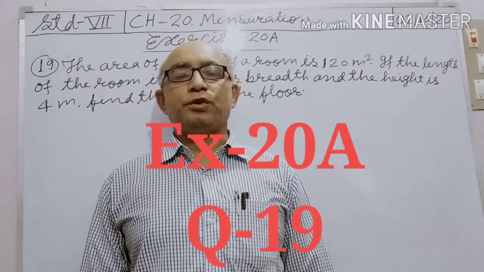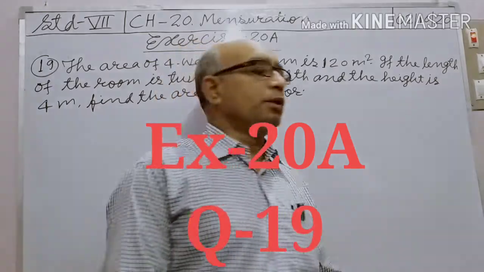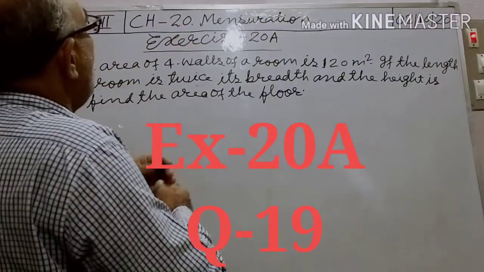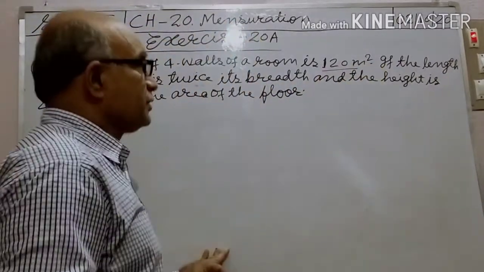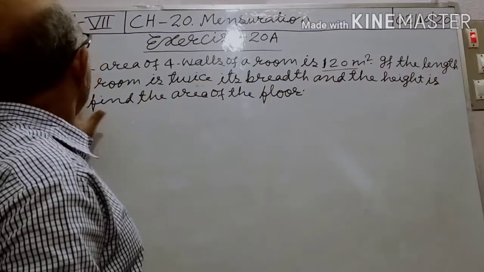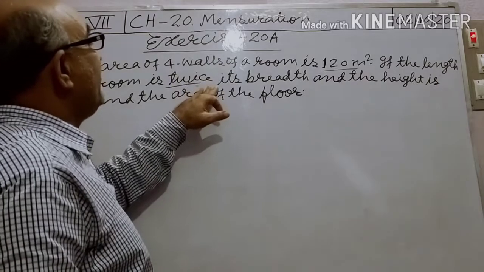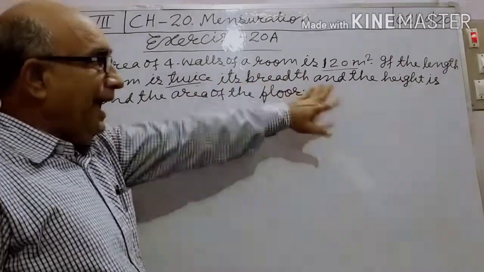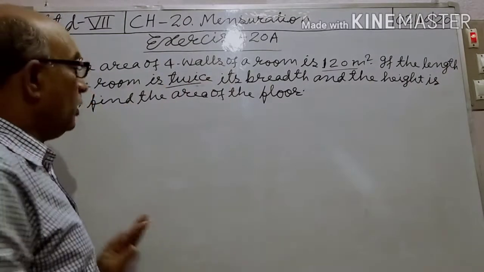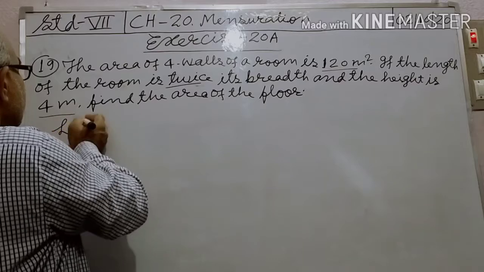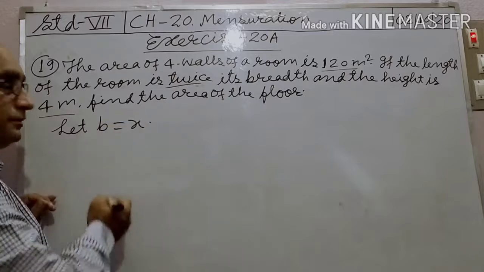Students, next question is question number 19. Today it is the last question also. In this question, the area of four walls of a room is 120 meter square. If the length of the room is twice its breadth and the height is 4 meter, find the area of the floor. Students, let breadth be equal to x.